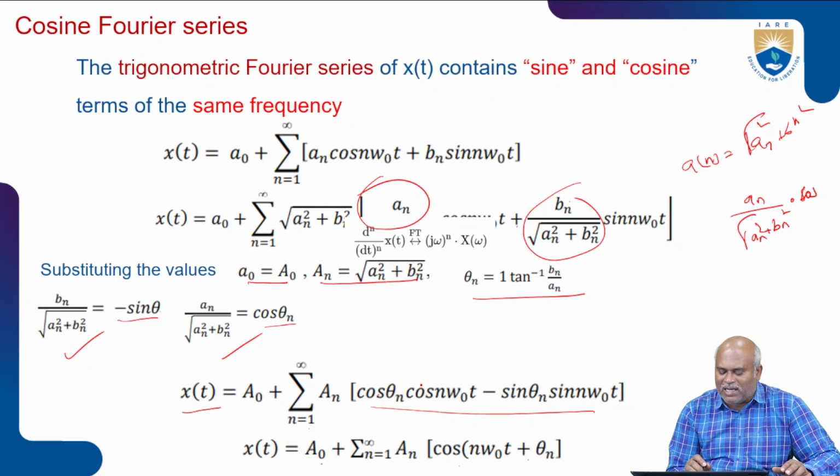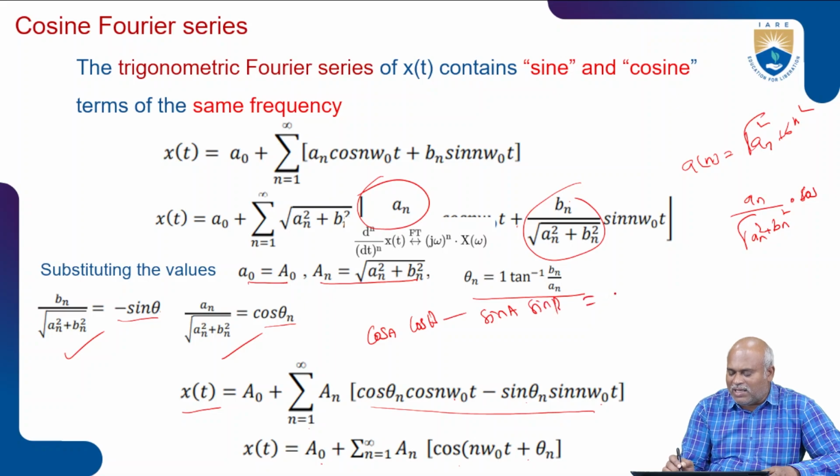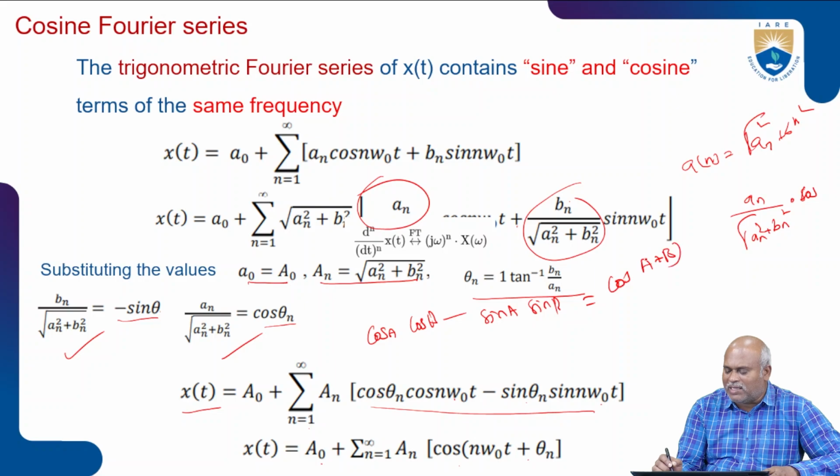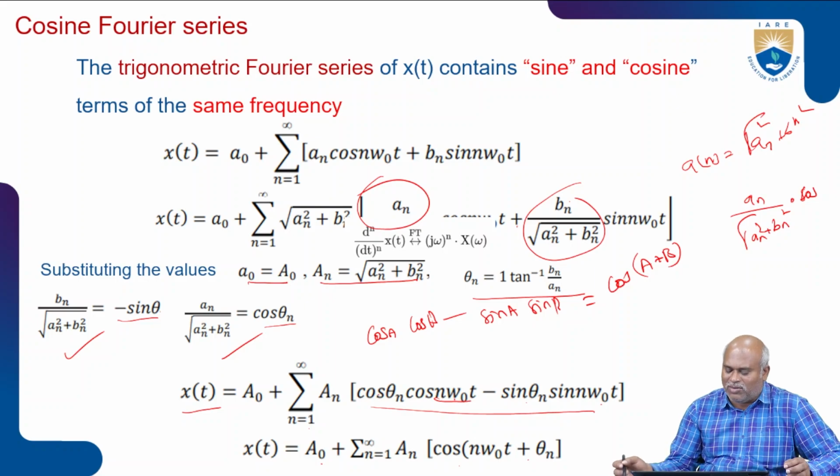This is because cos a cos b minus sin a sin b is equal to cos of a plus b. Here a is represented as n omega 0 t, and b is theta n.